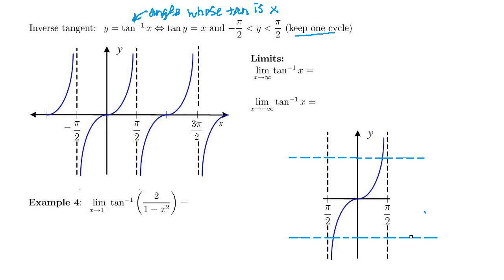And then we want to reflect that graph over the y equal x line. So let's sketch our y equal x line. So it's going to look like this. 45-degree line. And then our inverse tangent is going to look like this. So it's going to be the reflection here.